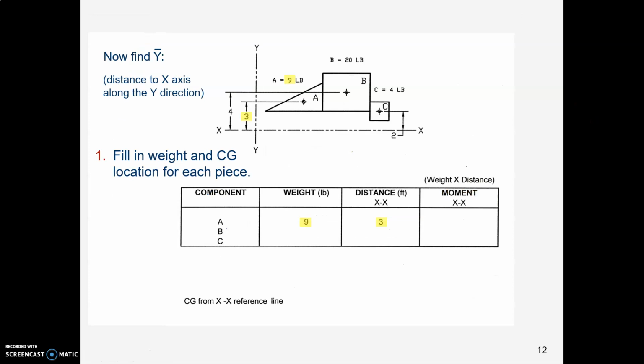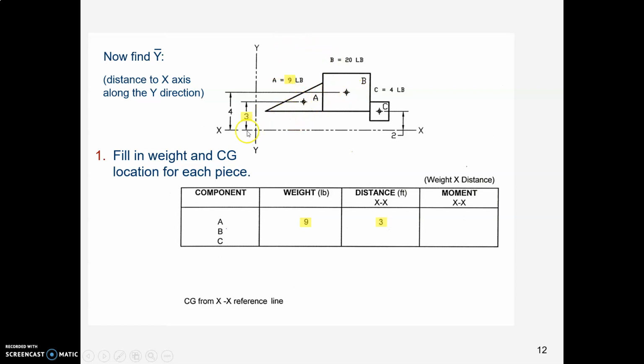Now let's look for Y bar. And by the way, let me just say a word about the imaginary lines. Some designers like to just draw an imaginary line somewhere that's out away from their object, because you never know when you're going to come along later and have something sticking out of your snowplow.